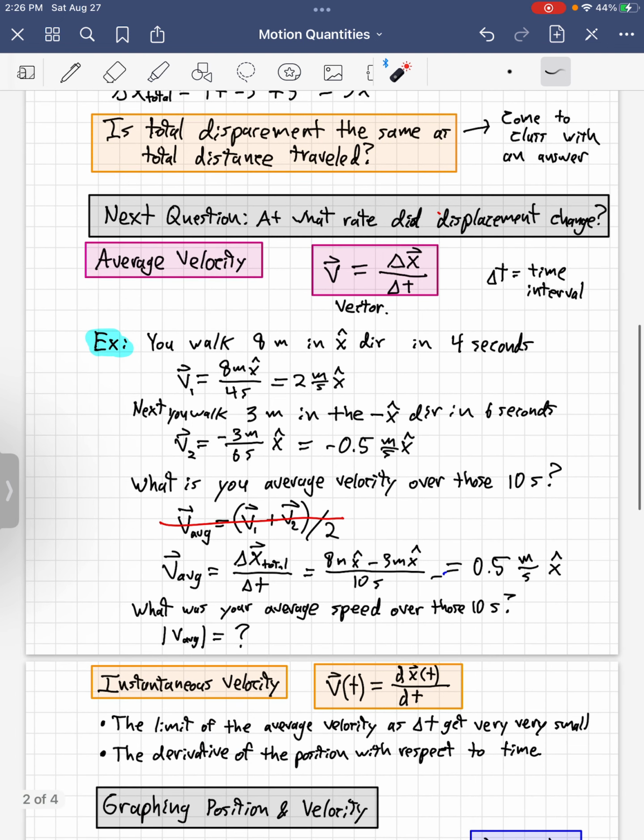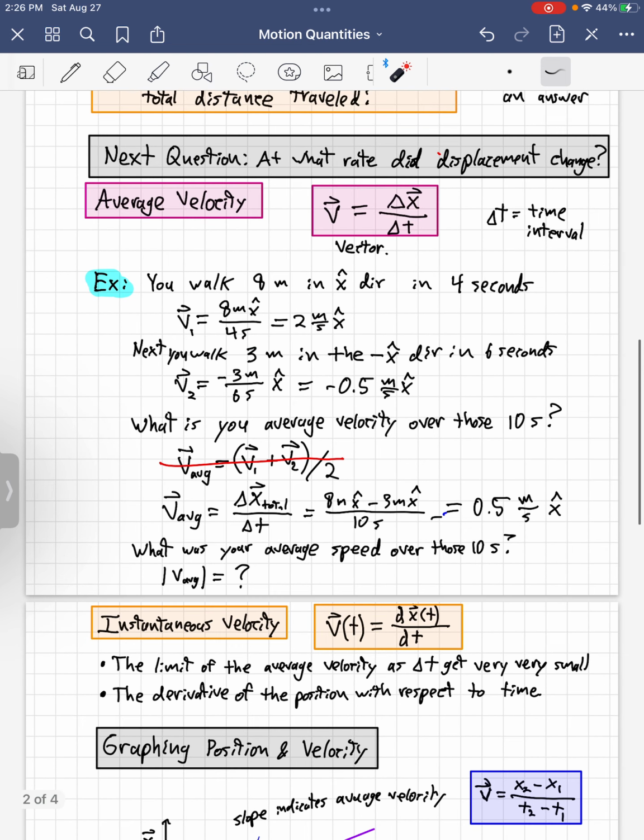All right, so for example, you walk 8 meters in the positive x direction in 4 seconds. That would mean over that time period, your average velocity is 8 meters divided by 4 seconds. So your average velocity is 2 meters per second. Pretty straightforward.